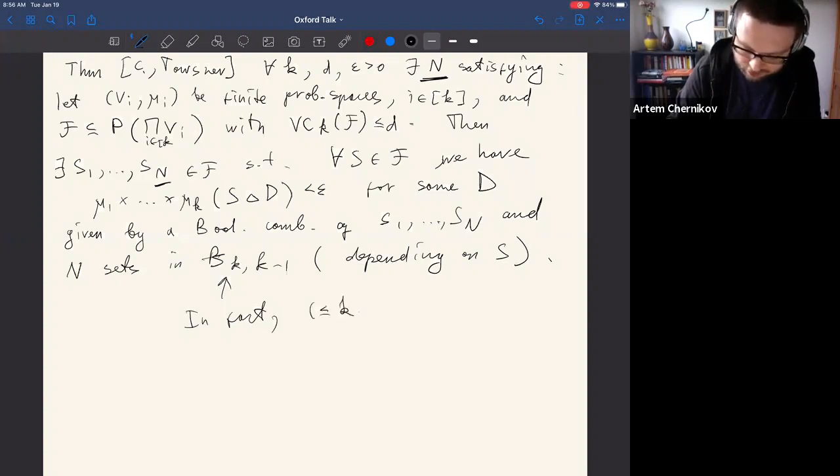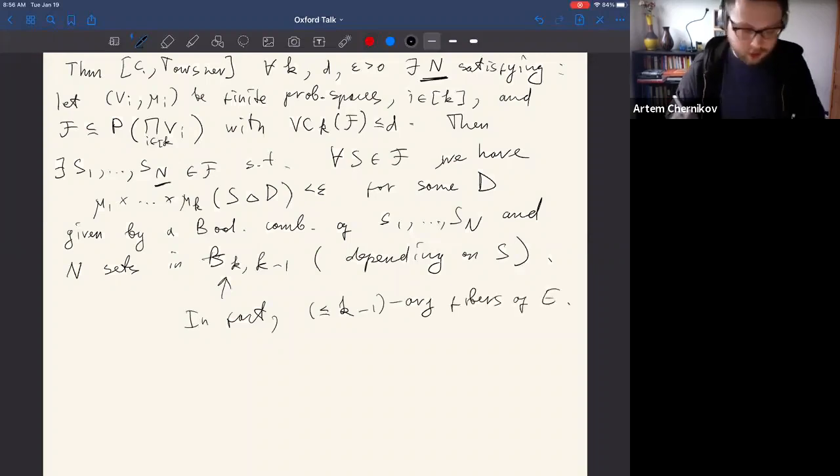So let's say fibers with arity at most k minus 1 are fibers of E. Okay. So this is the generalization.